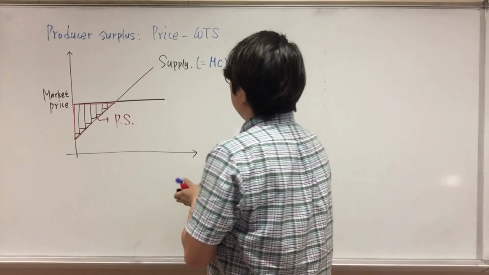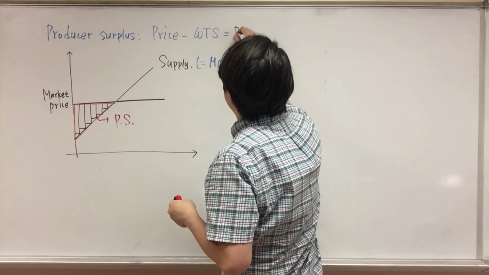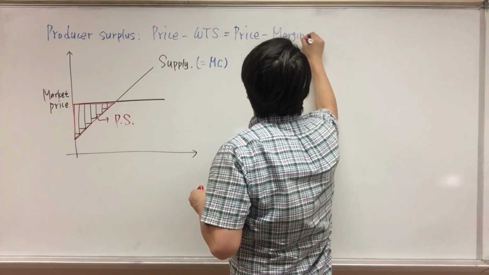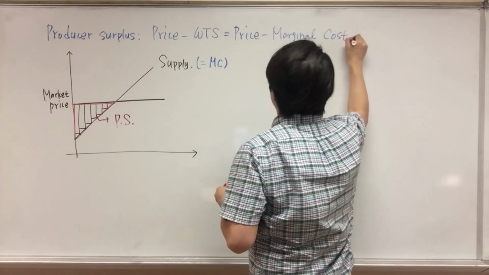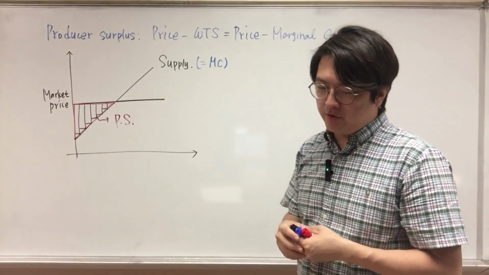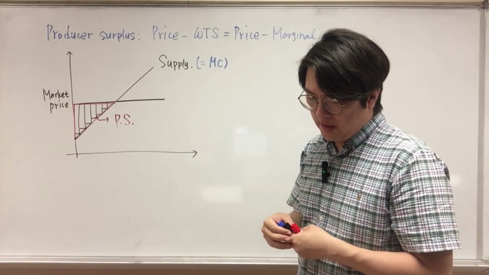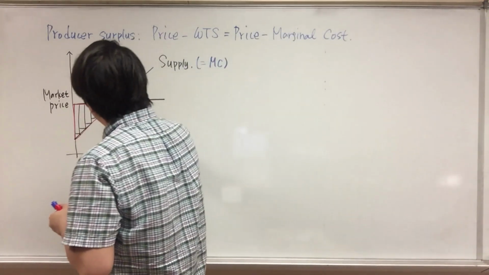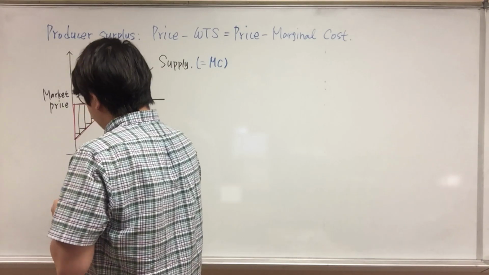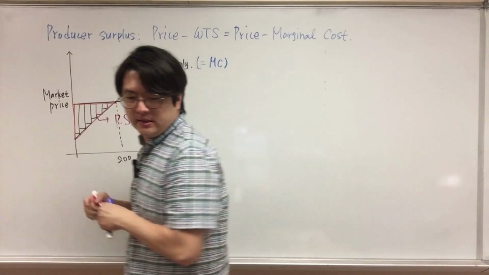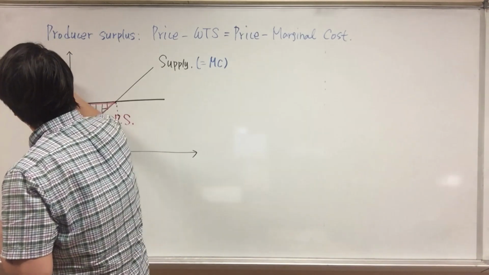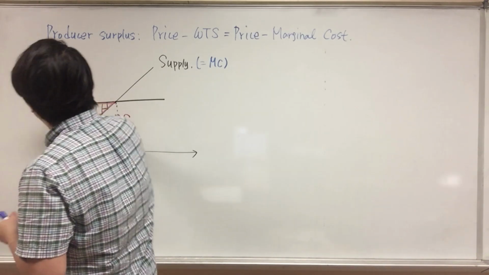So we can express it like this: price minus marginal cost, right? Do you agree? So let's say the market quantity is 200, the marginal cost is $10, and the market price, as you know, is $50.